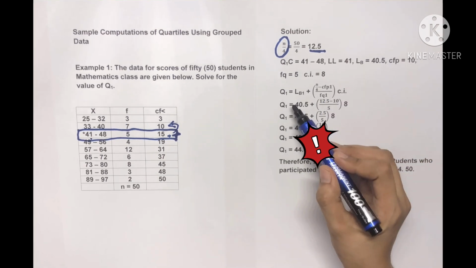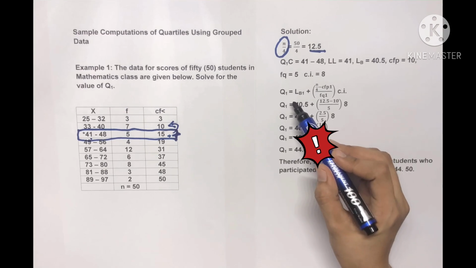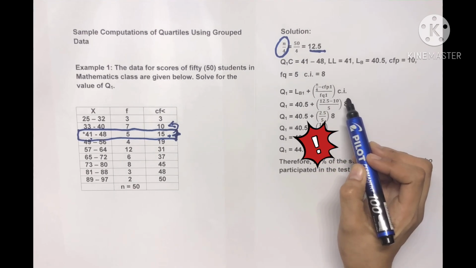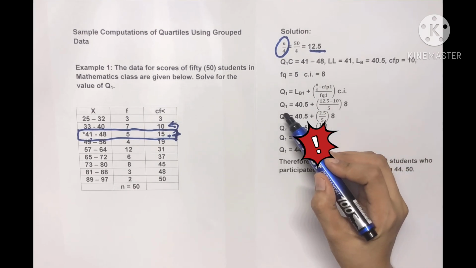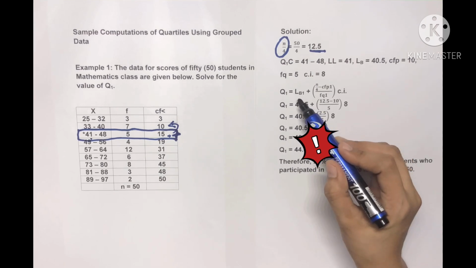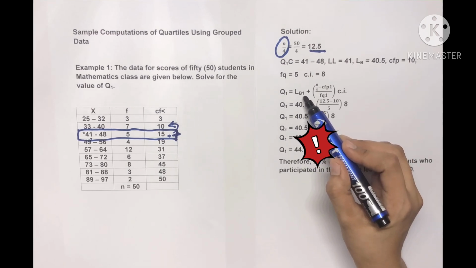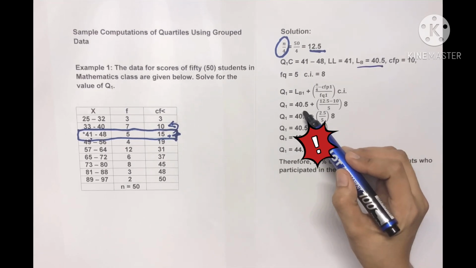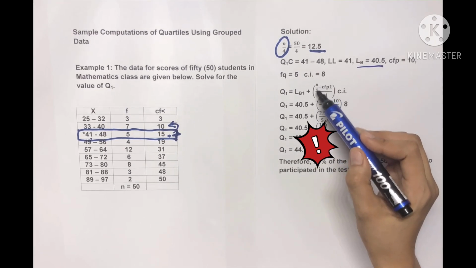So let's go to the solution. You copy the formula for Q sub 1. So here's the formula. Substitution: Q sub 1 is equal to LB of first quartile, which is 40.5, plus n over 4.